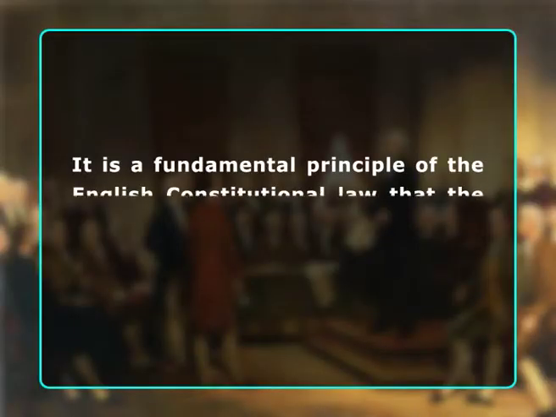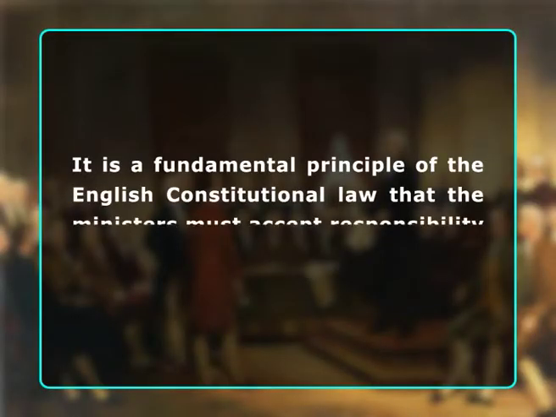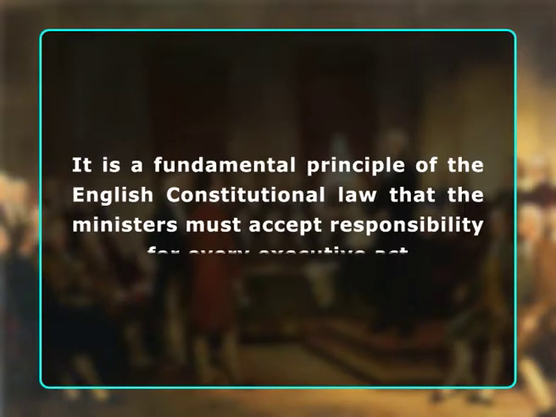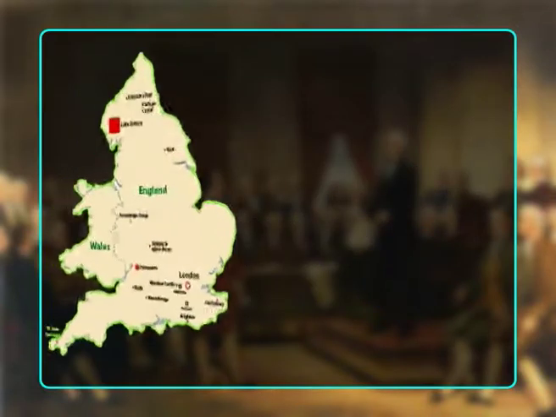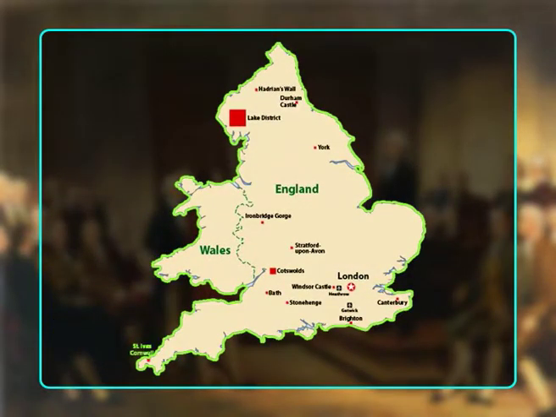Describing the nature of the government, the court observed that it is a fundamental principle of English constitutional law that the ministers must accept responsibility for every executive act. In England, the sovereign never acts on his own responsibility. The power of the sovereign is conditioned by the practical rules that the Crown must find advisers to bear responsibility for his actions.